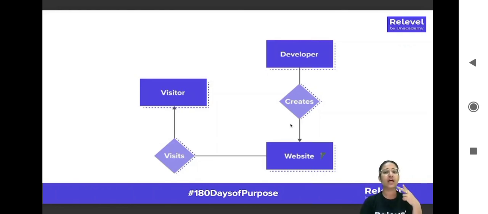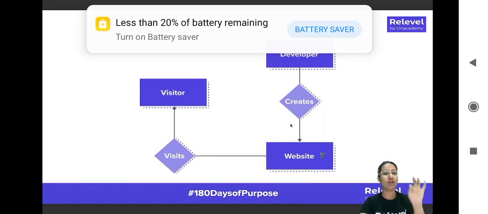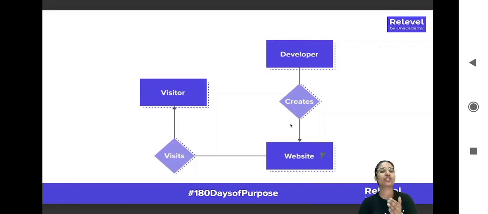So visitor, developer, and website, all these three are entities and all of them have relationships. Visitor has a relationship with website in the sense that visitor visits website. Developer and website are related to each other in the sense that developer creates website. So this is, in a very bare minimum idea, what an ER diagram is.